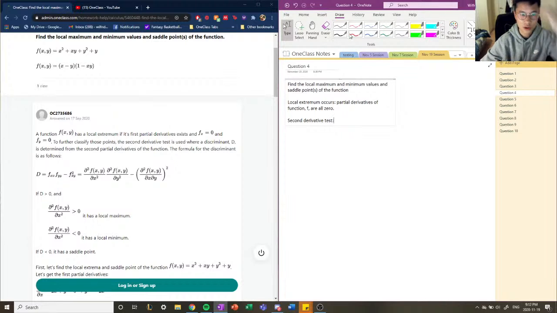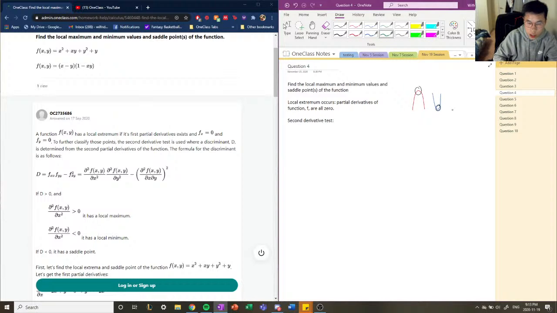Okay, so let me show you what a saddle point looks like. You all are aware of a local maximum, I guess. So the vertex is like here, right? So this is like a local maximum. And this is like a local minimum.